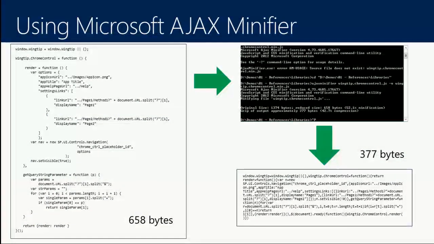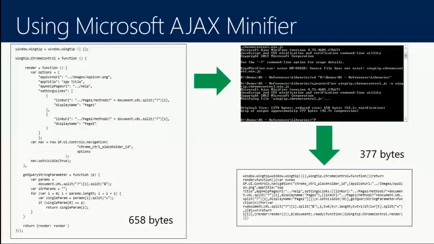Minification, this slide talks about minification. Minification is really simple. You can use the Microsoft Ajax minifier. It's a command line utility that basically takes a JavaScript library that you want to squish, and then the name of the library you want it to be when you're done squishing it, and it squishes it. There you go.